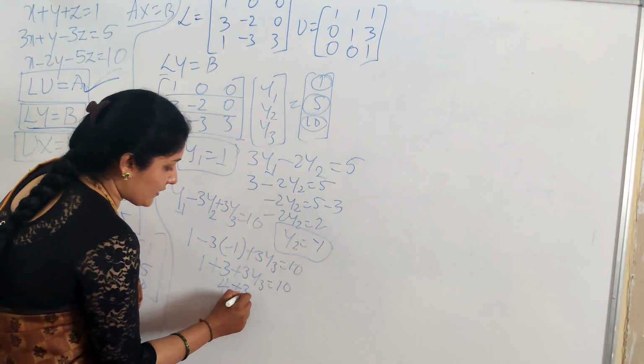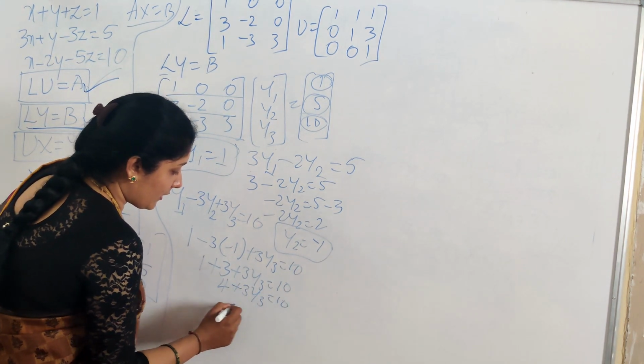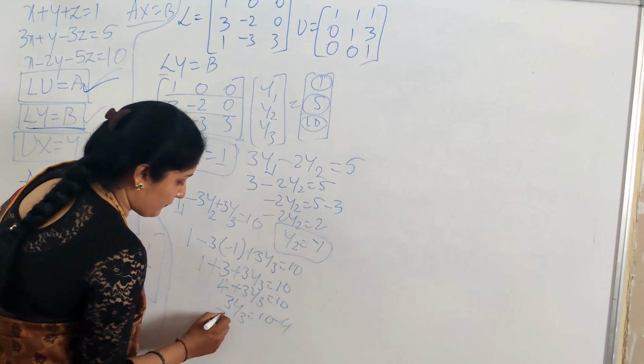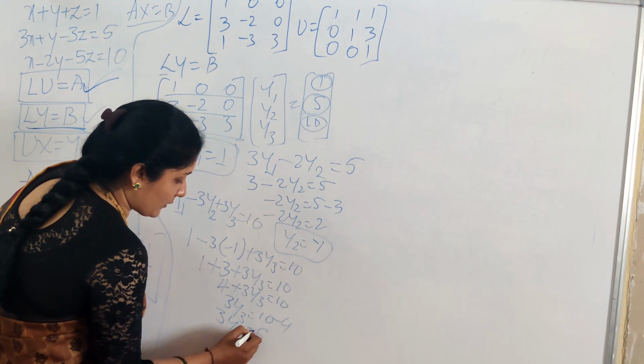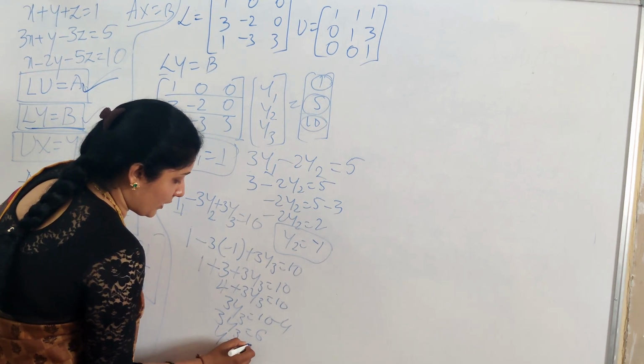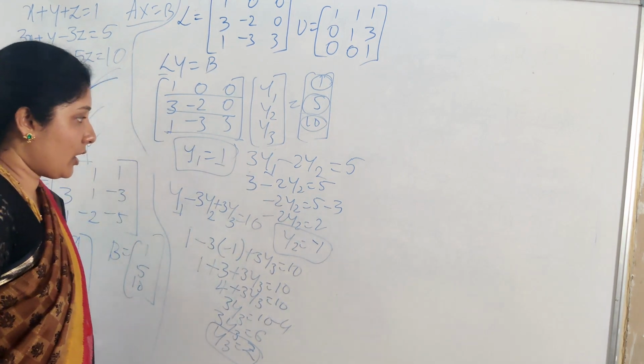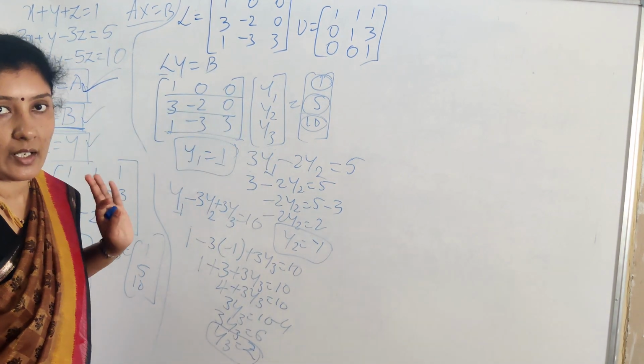So 4 plus 3Y3 equal to 10. 3Y3 equal to 10 minus 4. Therefore, 3Y3 equal to 6. Therefore, Y3 equal to 2. This is how we got the values of Y also.